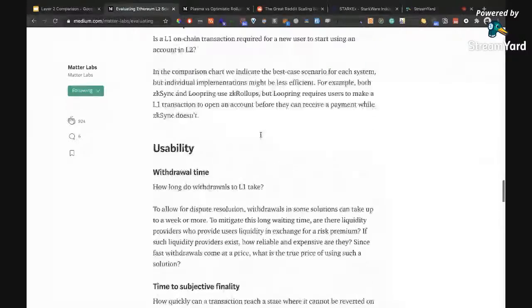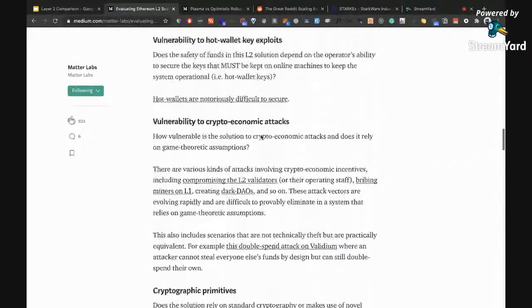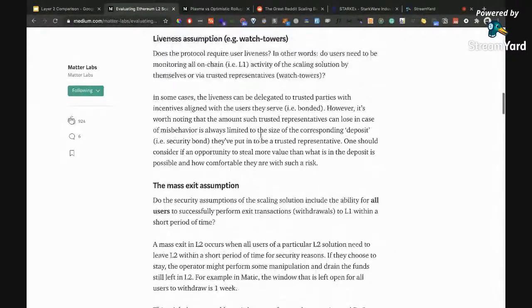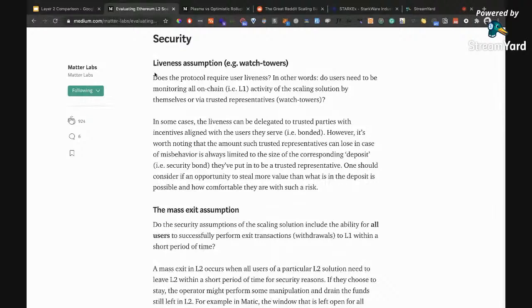This is a great article. I've got some things further down we can check out. But in this context, they're talking about the liveness assumption. Does the protocol require user liveness? So do users need to be monitoring all on-chain activity of the scaling solution by themselves or via trusted representative watchtowers?